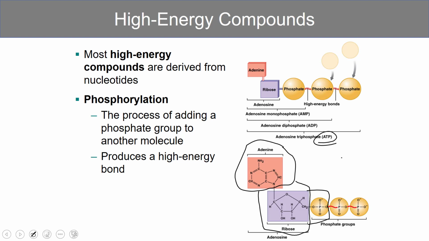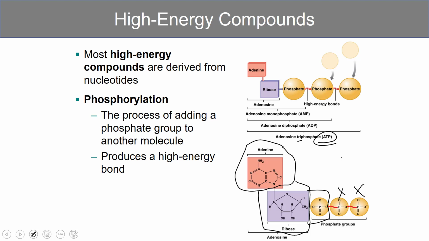By adding 2 more phosphate groups, we create ATP, adenosine triphosphate, where tri represents 3. Phosphorylation is the process of adding a phosphate group to another molecule, and this produces a high-energy bond.